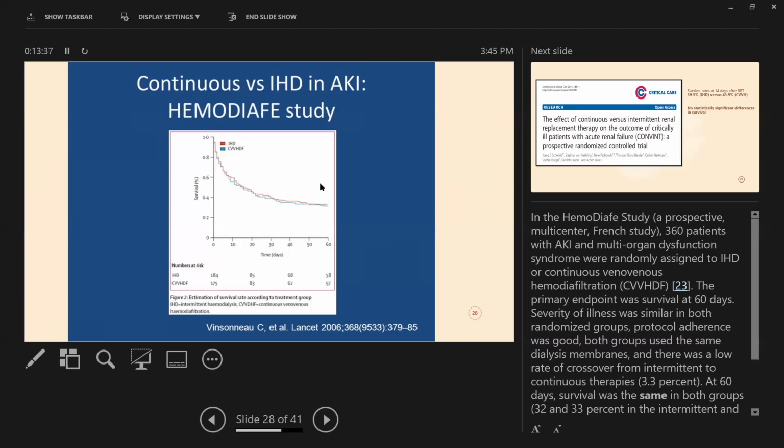The endpoint is 60-day mortality. Based on this graph, the 60-day survival rate is around the same, 32% for IHD and 33% for CVVHDF, which shows a similar endpoint.